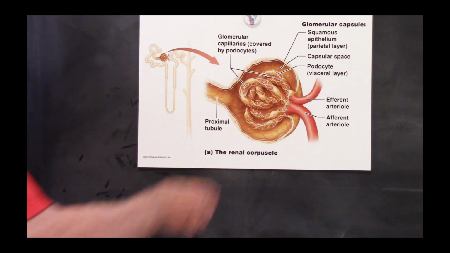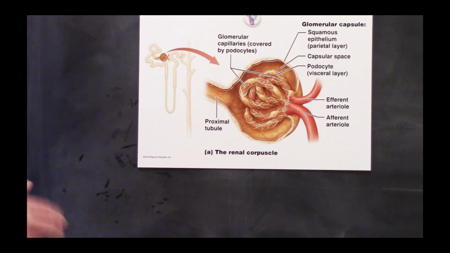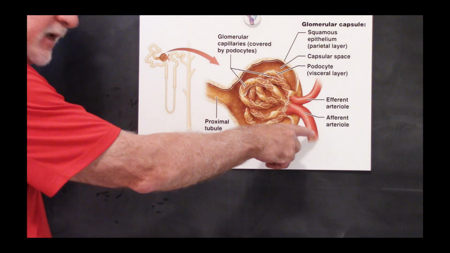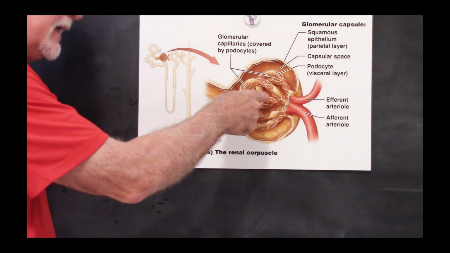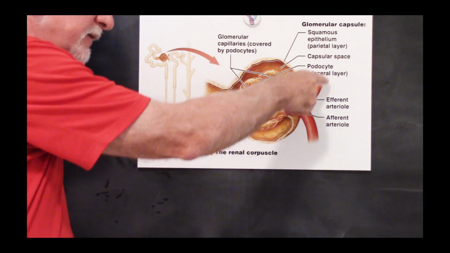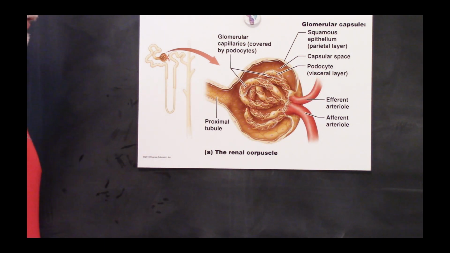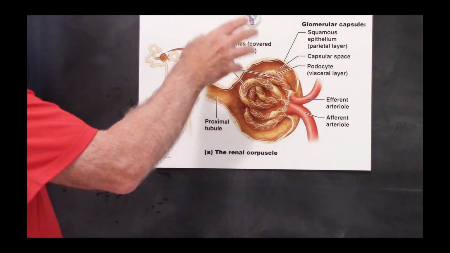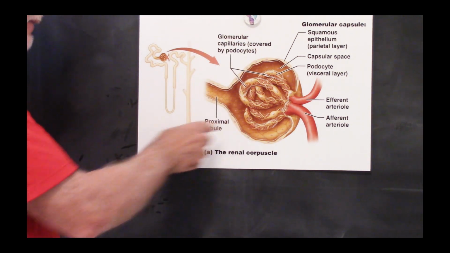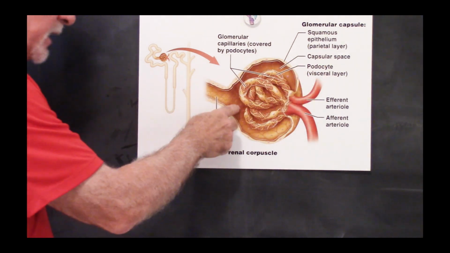Each network of glomerular capillaries, or the glomerulus, is fed by an afferent arteriole delivering blood into the capillaries. And these capillaries are drained by an efferent arteriole that takes blood to the paratubular capillaries. Within a glomerular capsule is the capsular space.